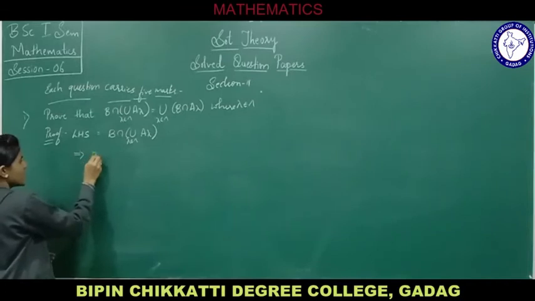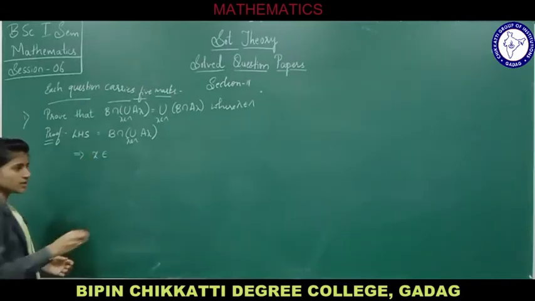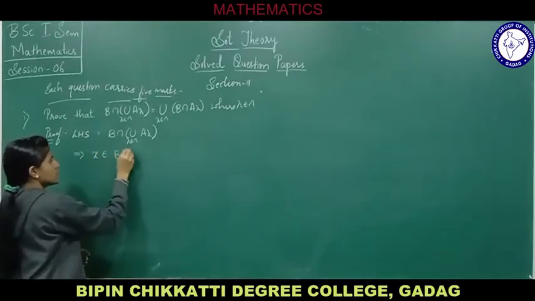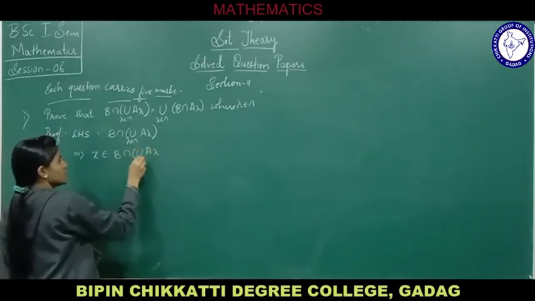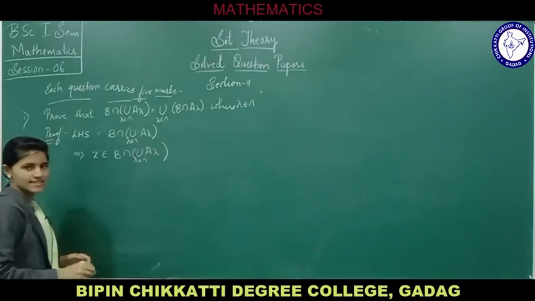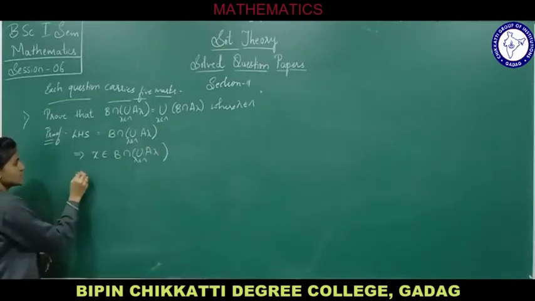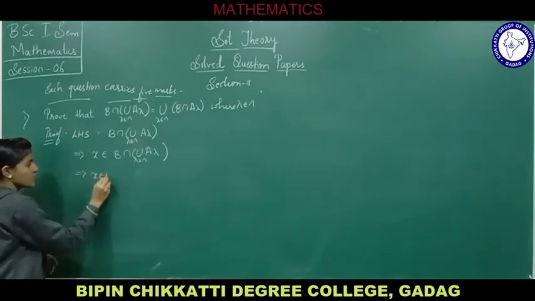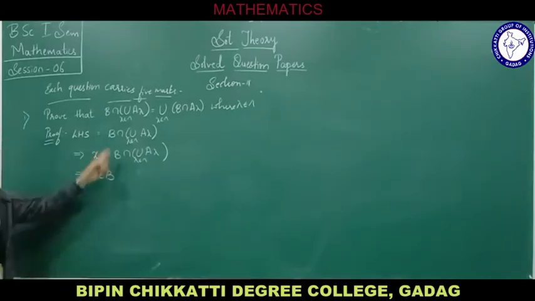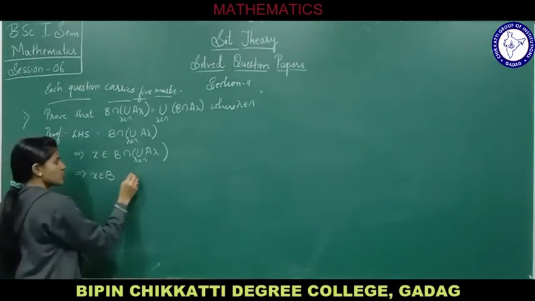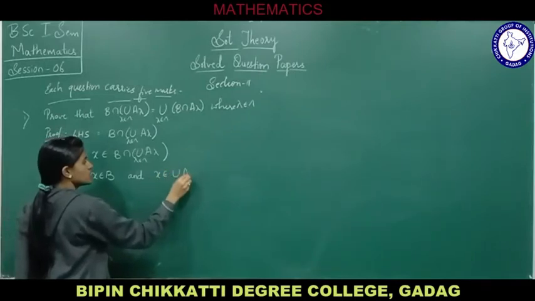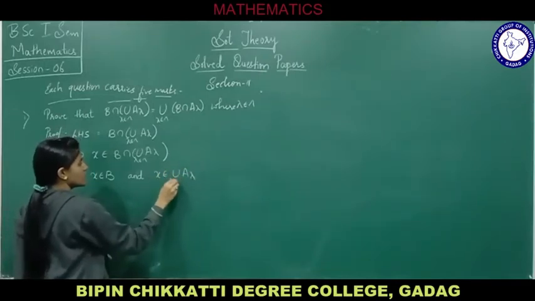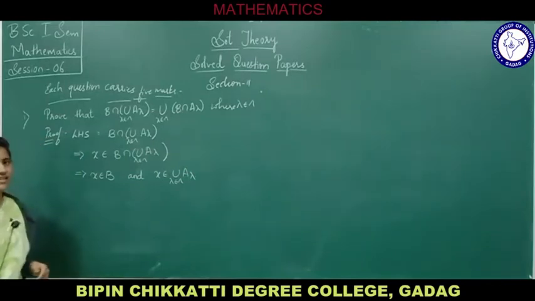This implies that x belongs to B intersection union of A lambda, where lambda belongs to this index set. It implies that x belongs to B. Intersection in the sense, we are going to write x belongs to B and x belongs to union of A lambda, where lambda belongs to this index set.